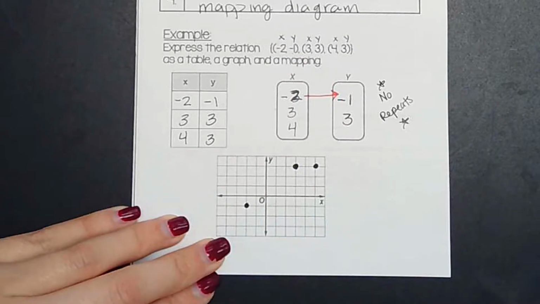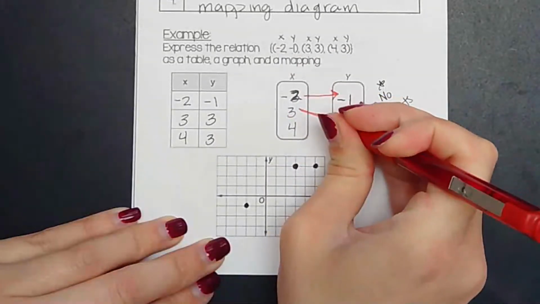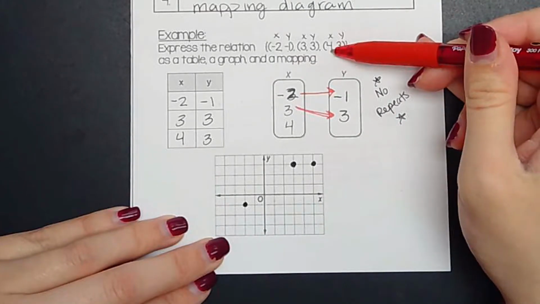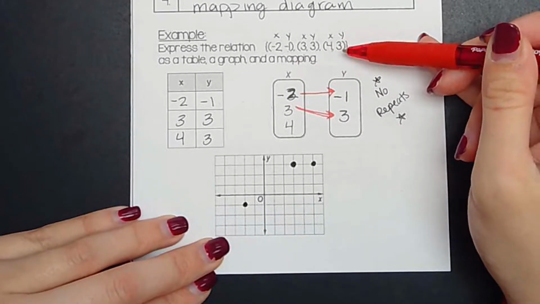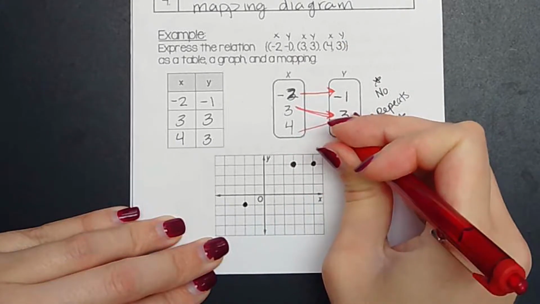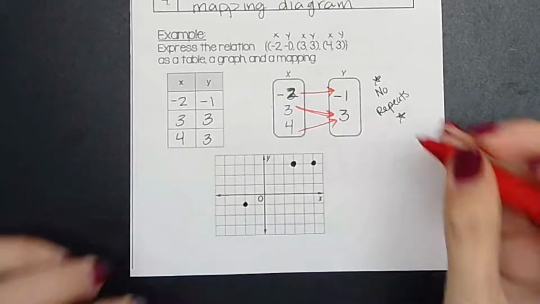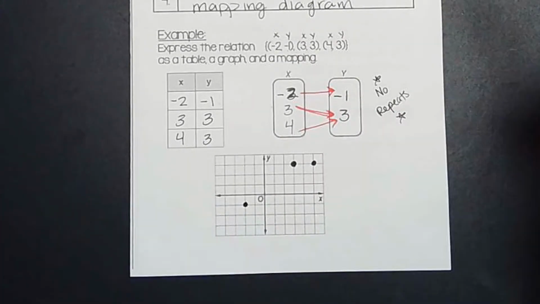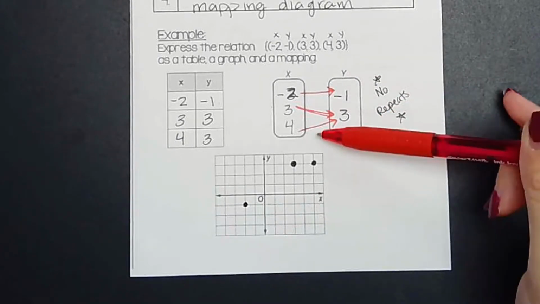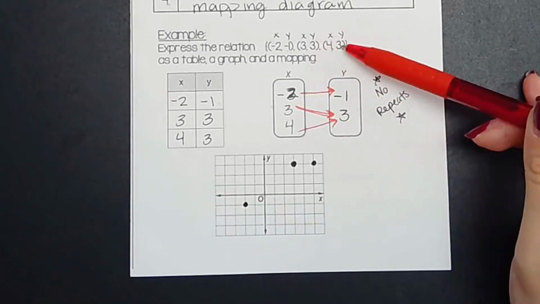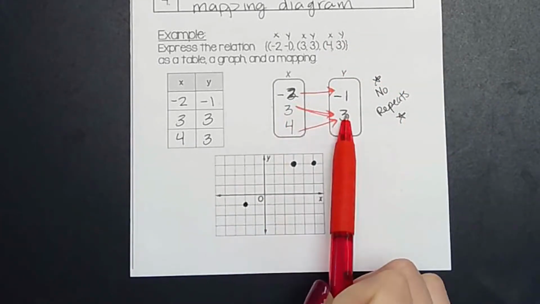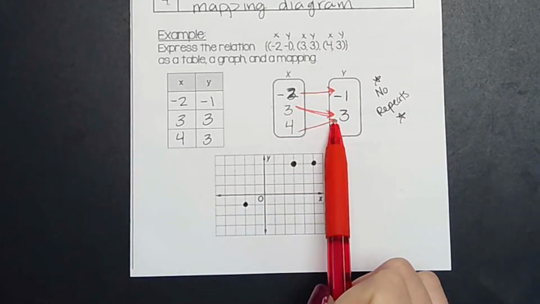So I would draw an arrow from 3 to 3. My last point says an x value of 4 also has a y value of 3. So I would have another arrow going from 4 to 3. So even though I didn't write 3 twice in this list, I still show that 3 happens twice as a y value by drawing the arrows from the x values to 3.